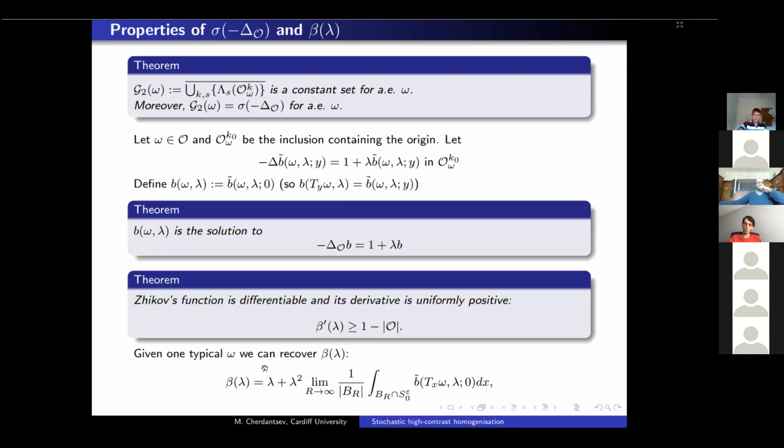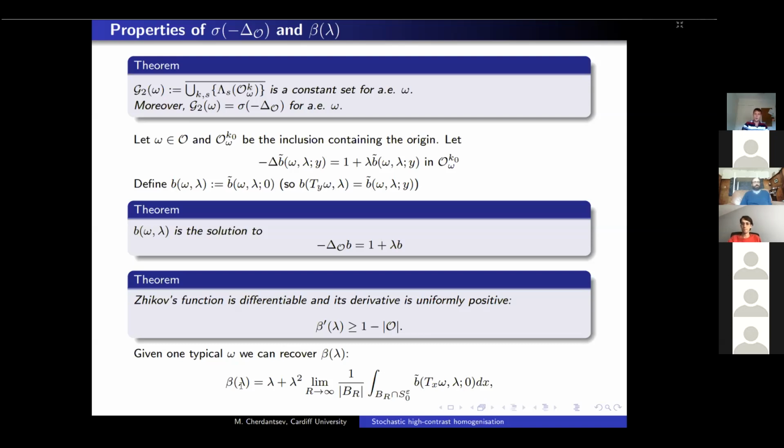One last remark: even though the function beta of lambda is defined in the beginning via the integral of the function b over the whole probability space, in fact you don't need to know the whole probability space to recover beta of lambda. By using the ergodic theorem and fixing a typical omega, you can integrate those functions, and when you average, as in the ergodic theorem, you get in the limit exactly the same thing. So in the limit you recover the definition of beta of lambda.